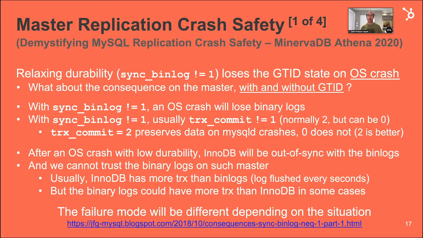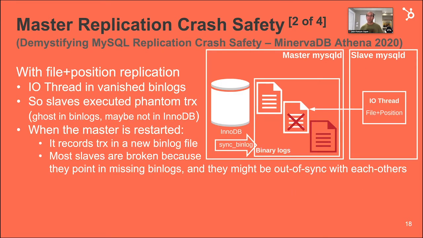I'll go very quickly into what happens. If a master crashes and didn't sync its binary log, a slave is probably now pointing into binary logs that are gone. On restart, the master will write a new binary log, and the slave will point into nothing.